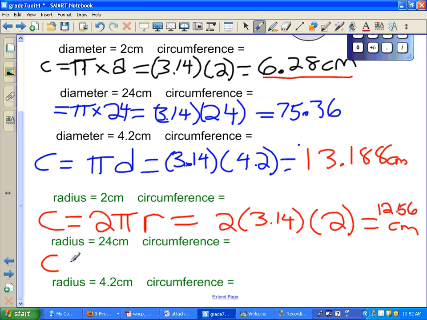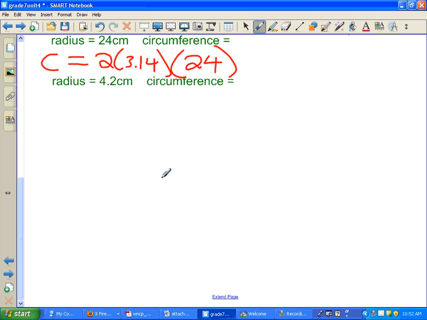For this one again, we're going to go 2 times pi times the radius, which is 24. You multiply all that out, and you'll get the answer for that one. Same with this one. Remember, it's going to be 2 times pi times r.